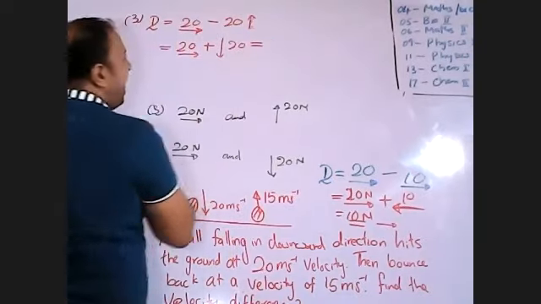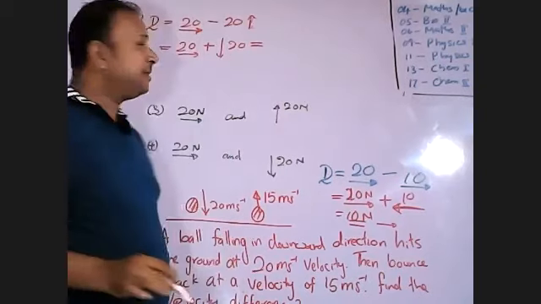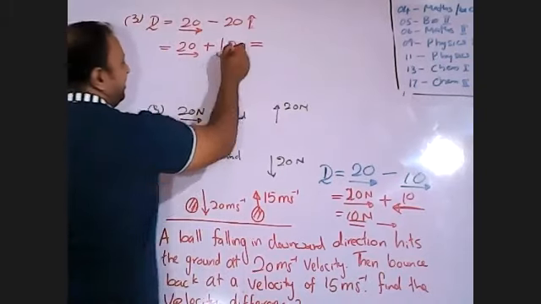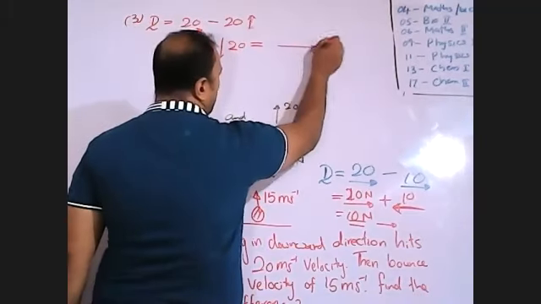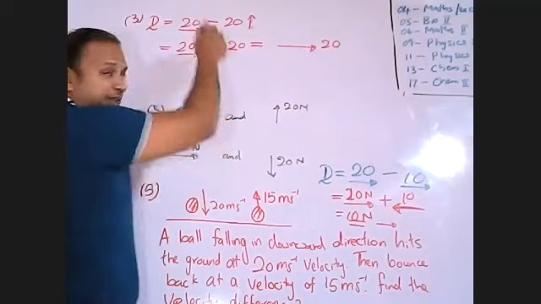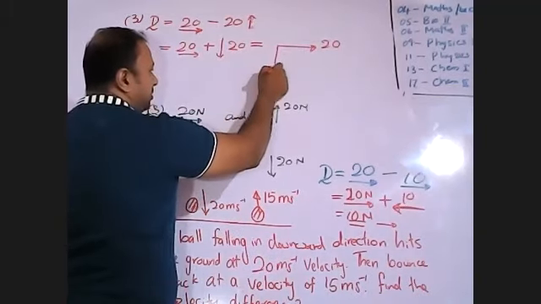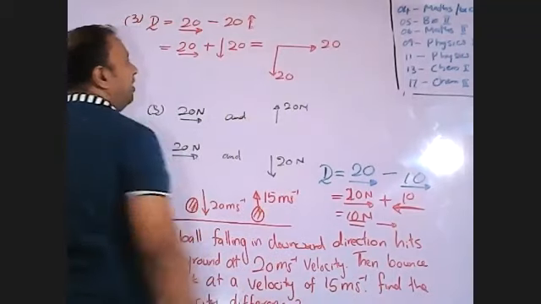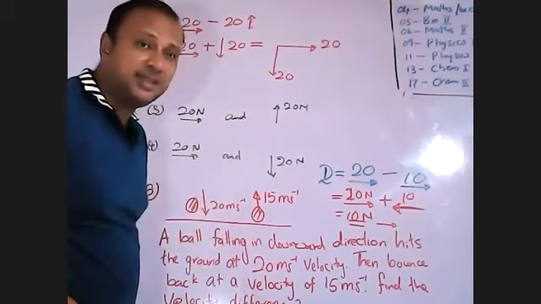So if I add those two vectors, I can draw these two vectors acting at the same point. The first one is 20. The second one is acting at the same point but in the downward direction. Those are the two vectors to be added. To be added means I have to take the resultant force.